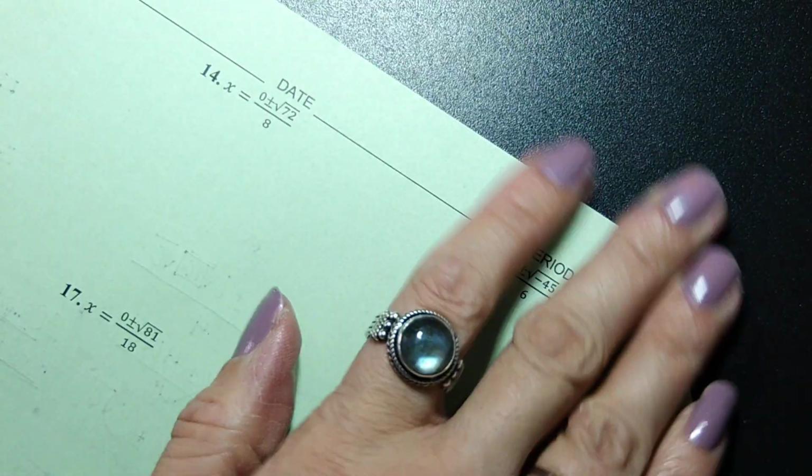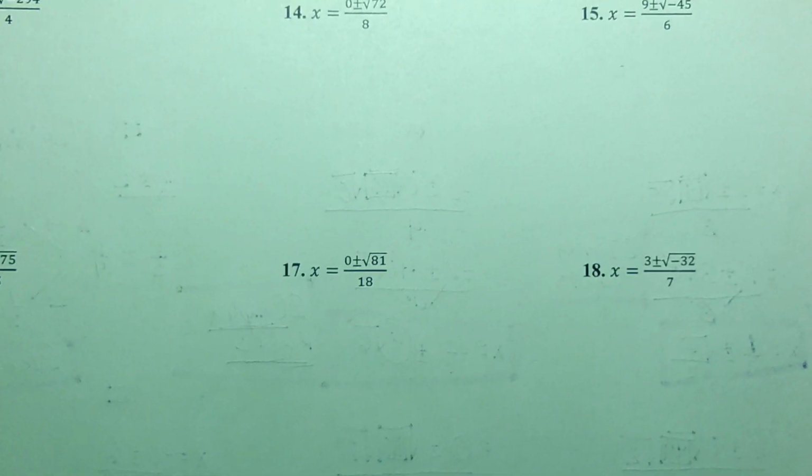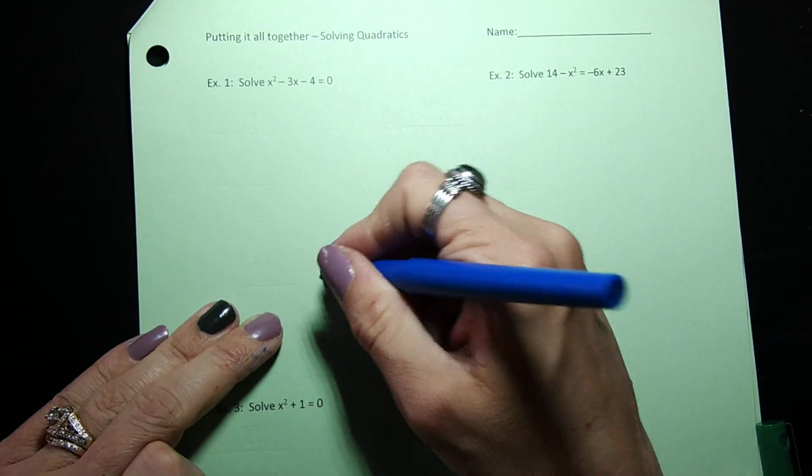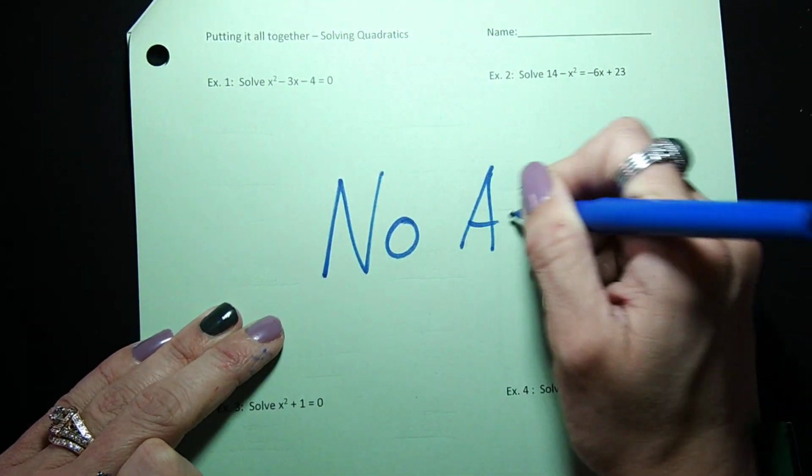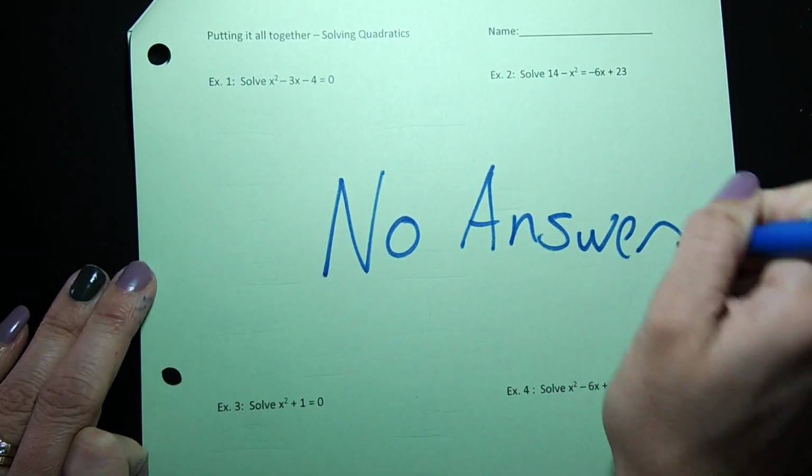All right, folks. So we're not going to do any on the second page together, but these solutions are posted on Canvas. So if you're like, I think I need more practice with just the simplifying part of the quadratic formula, these are great problems that you can use. I don't have an answer key made for this page, so don't do these ones.